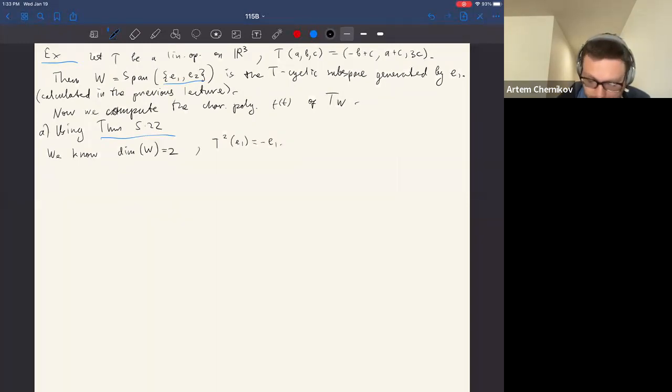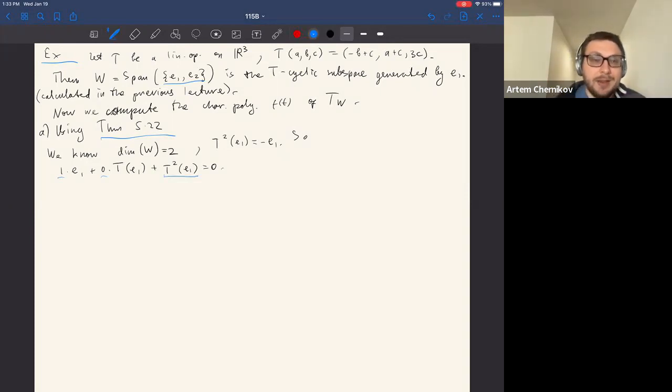So applying the theorem, we have that 1 times E1 plus 0 times T of E1 plus T squared of E1 is equal to 0. So we have this choice of scalars, which give us 0 when we plug in T squared E1.